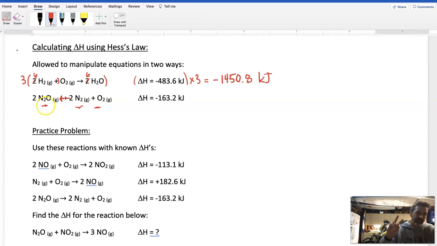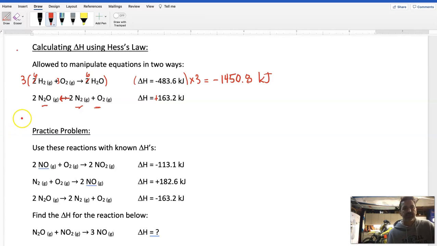All I did was flip the reaction. So now instead of releasing a certain amount of heat, the reaction is going to absorb that same amount. So if you flip the direction of the reaction, you want to flip the sign here. Instead of negative, it becomes positive.